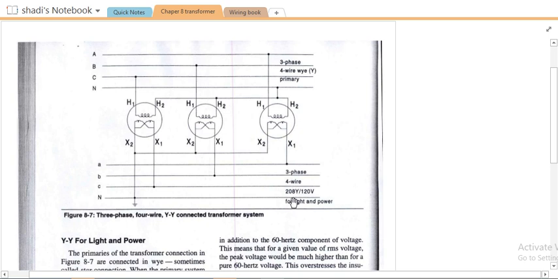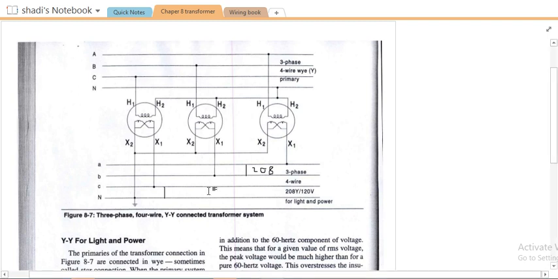Now in this transformer, we can see that we have two voltage levels: the line to line voltage and the phase to neutral voltage. Here the voltage will be 208. Sorry, because I'm using the mouse it doesn't look nice, but at the end this is the 208 between any line to line.